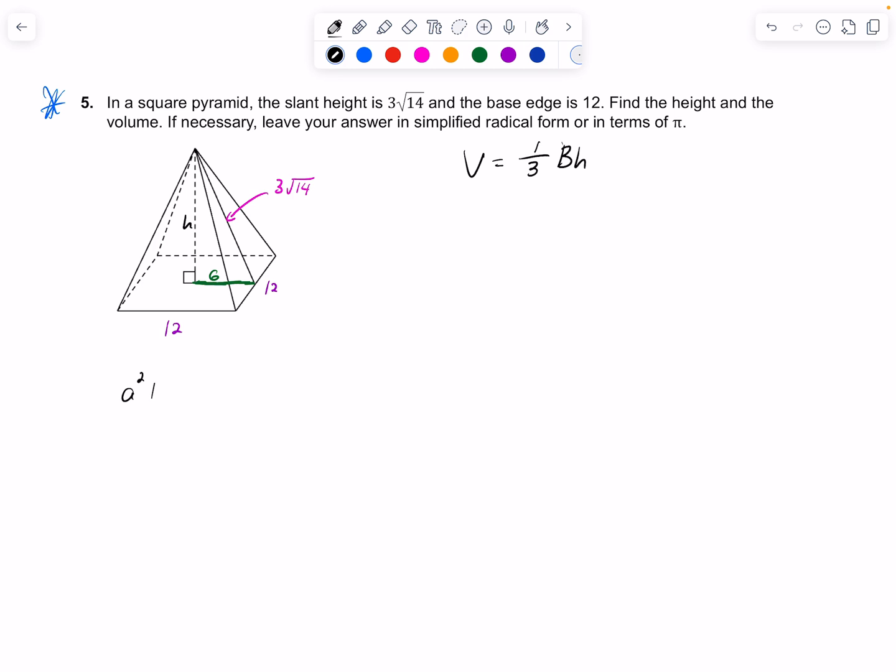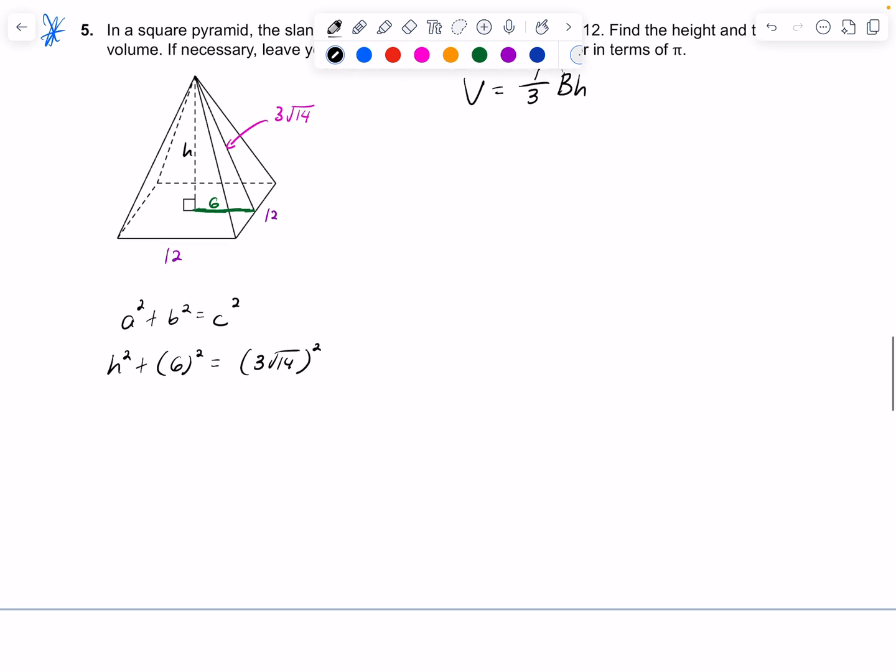I'm going to use the Pythagorean theorem since I have 2 out of 3 side lengths for a right triangle. I'm going to choose h squared plus 6 squared equals my hypotenuse, which is 3 times root 14, squared. So that's going to be h squared plus 36 equals, remember you square the 3, that gives you 9.